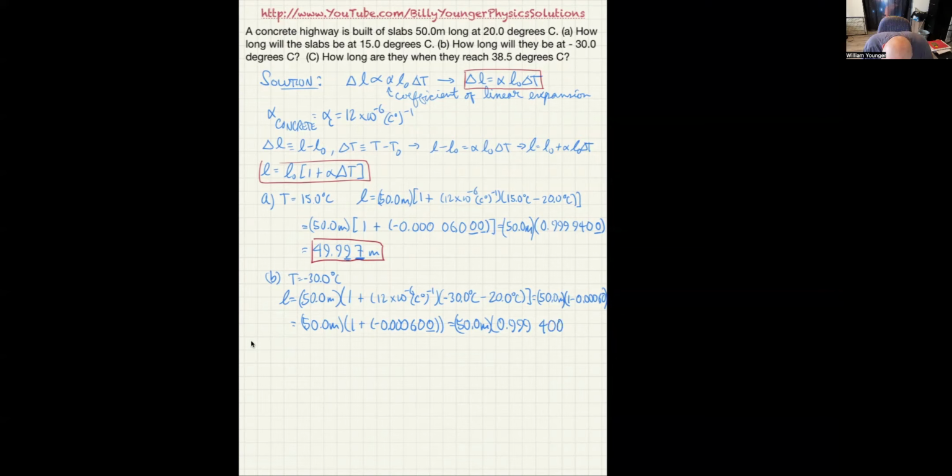That is significant, but then we have another 0 that's not significant. So now I can multiply this number times 50, and the limiting sig figs are the 3 from the 50 meters, not the 5 from the other number. So this gives us 49.97 meters.